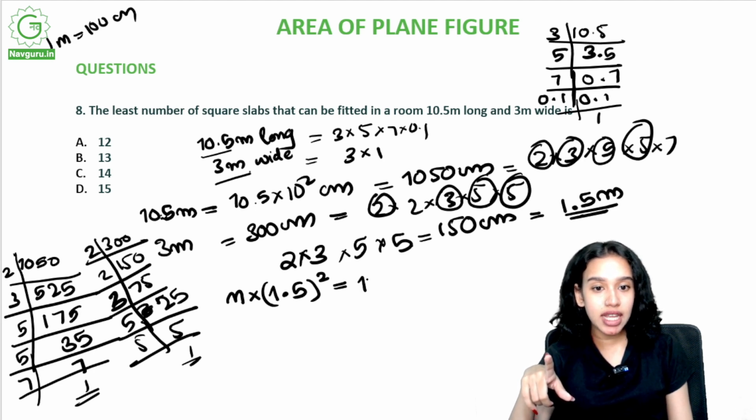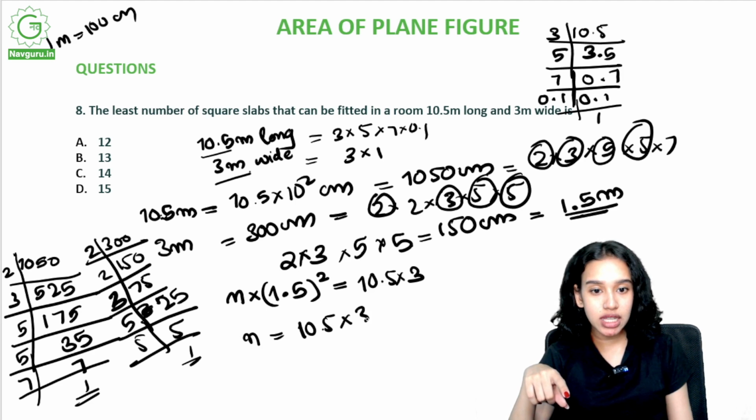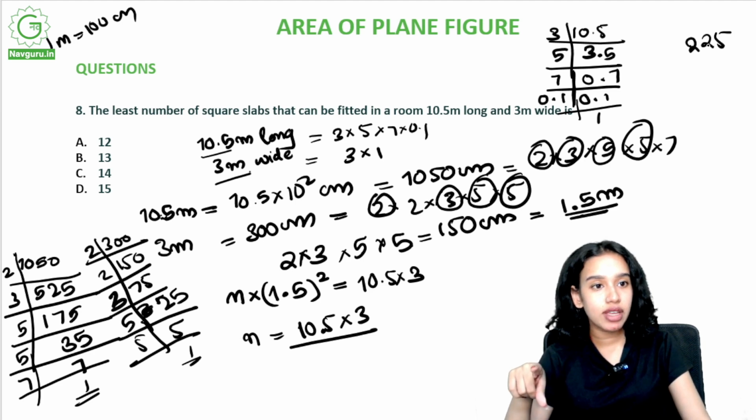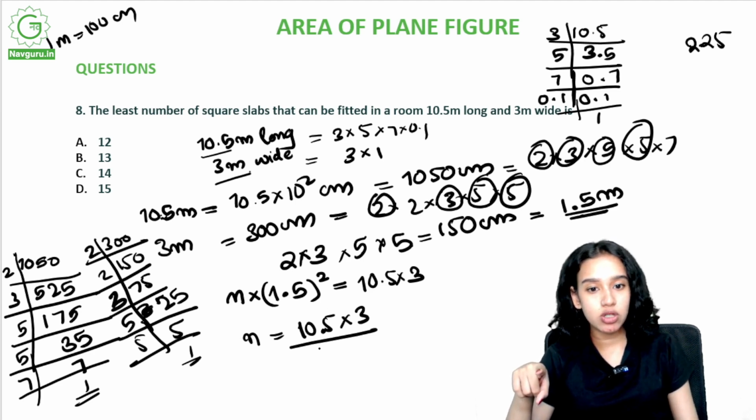It would cover 10.5 into 3, right? Now n would be equal to 10.5 into 3 by 1.5 square. 1.5 square is 2.25.